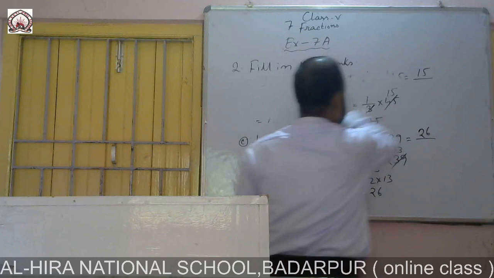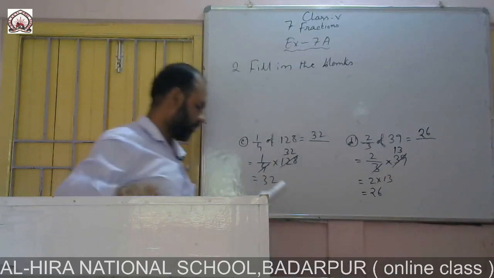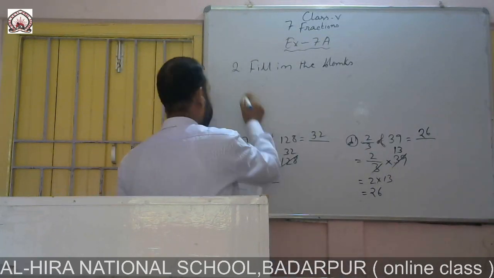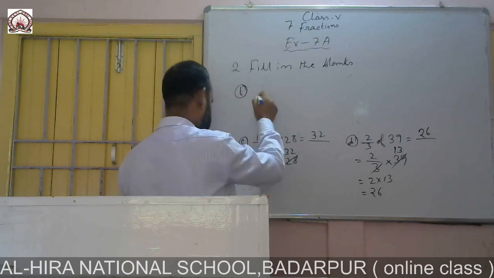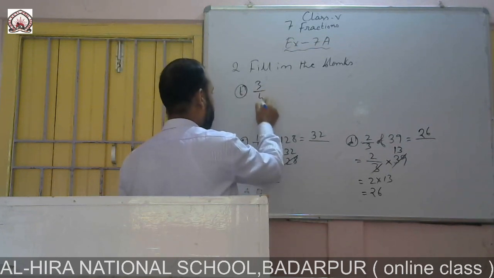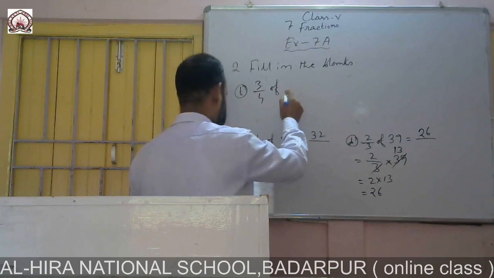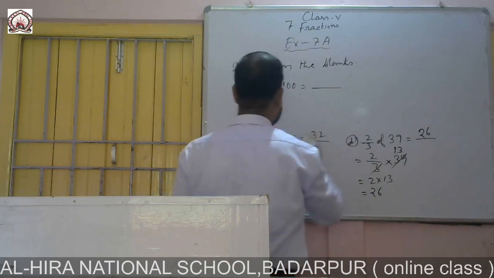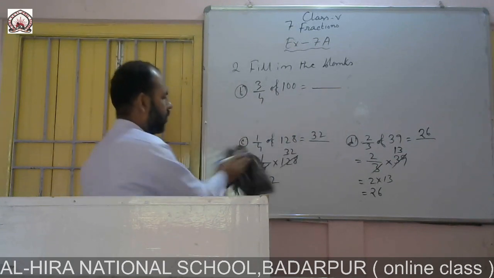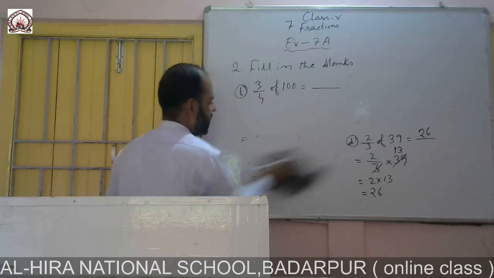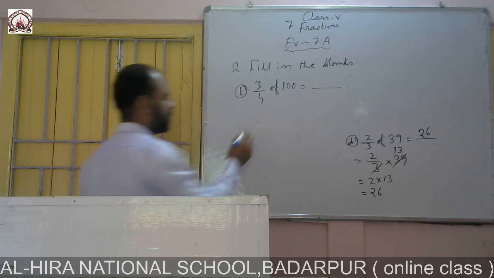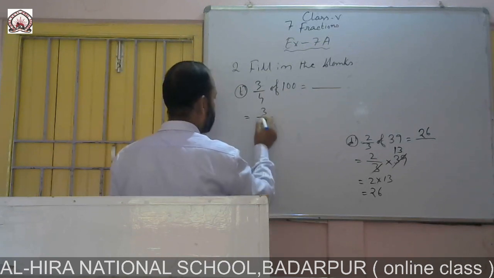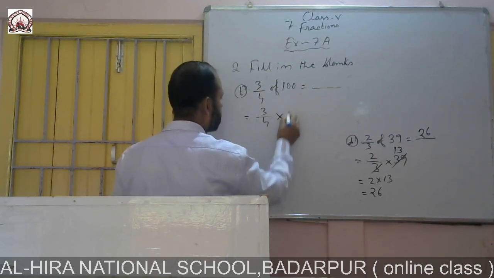Next question F, 3/4 of 100 equal to dash. So 3 by 4 of 100, of means into 100.